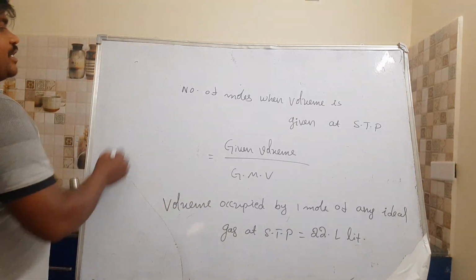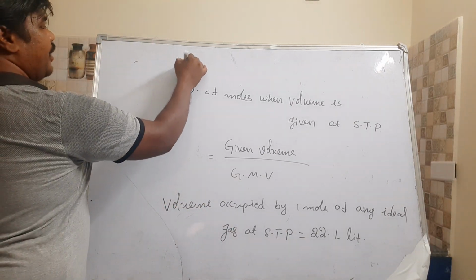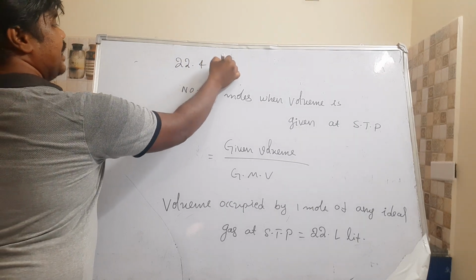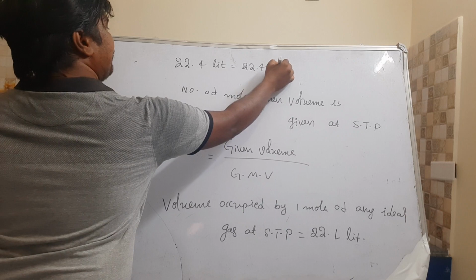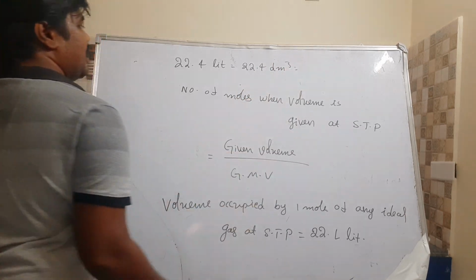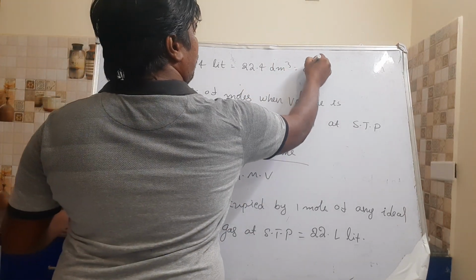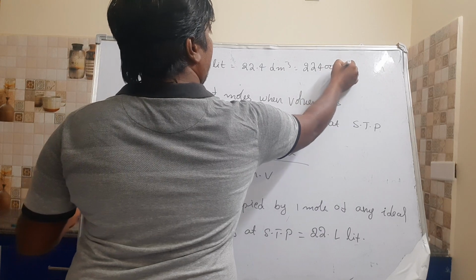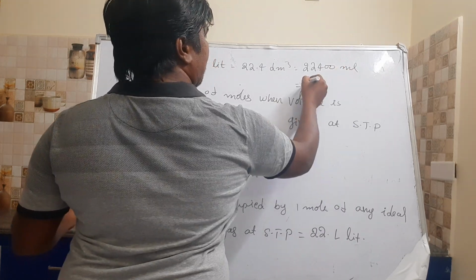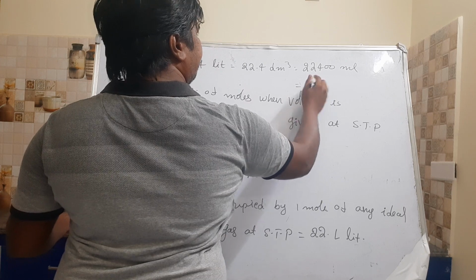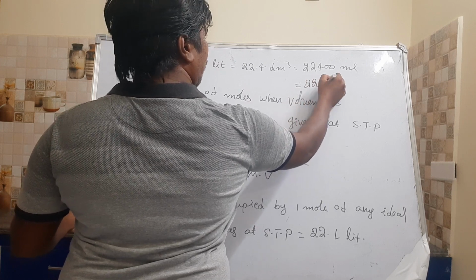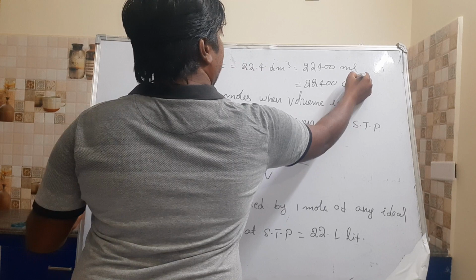Yes, for your information, 22.4 liters is equal to 22.4 decimeter cube. That is also equal to 22400 milliliters, and also equal to 22400 centimeter cube.